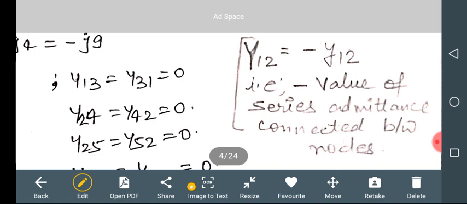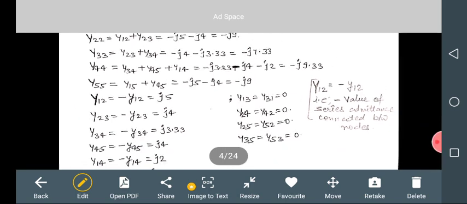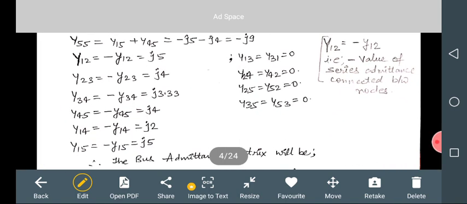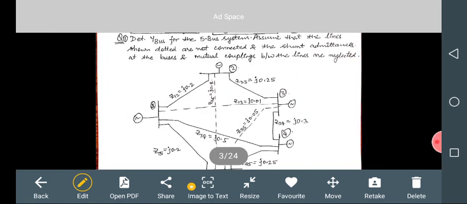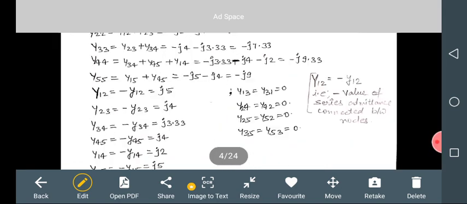Which nodes? The mentioned 1 and 2. What is series admittance? Here series impedance is given, and the inverse of Z12 will be equal to series admittance.